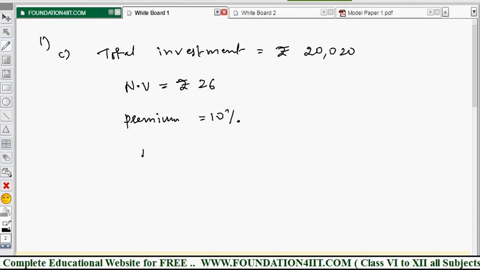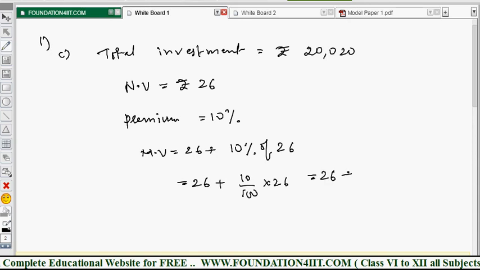That means we can find out the market value. So market value is 26 plus premium, we should add 10% of 26. So 26 plus 10 by 100 into 26, that is 26 plus 2.6, which is 28.6.